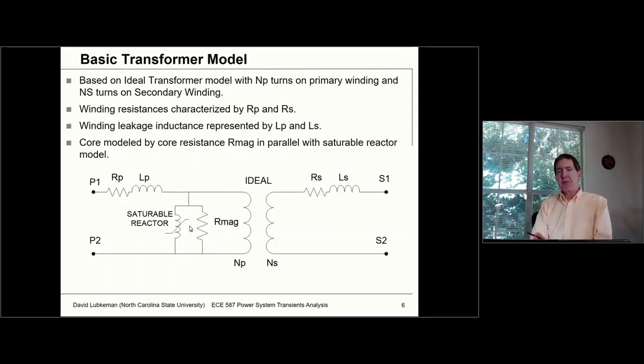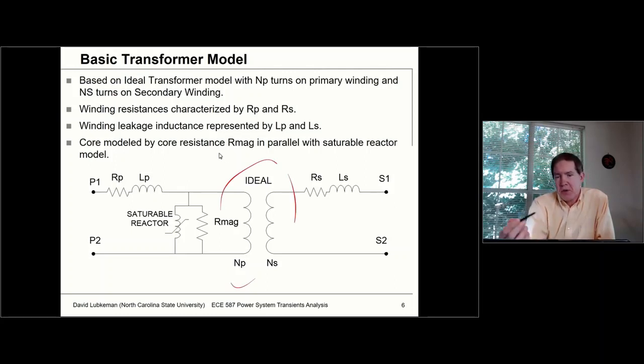So just as a review of the transformer model, we base this transformer model on having an ideal relationship where, for the ideal transformer, we have a turns ratio of NP on the primary side and NS on the secondary side. What you'll get is a transformation of voltage and a transformation of current.